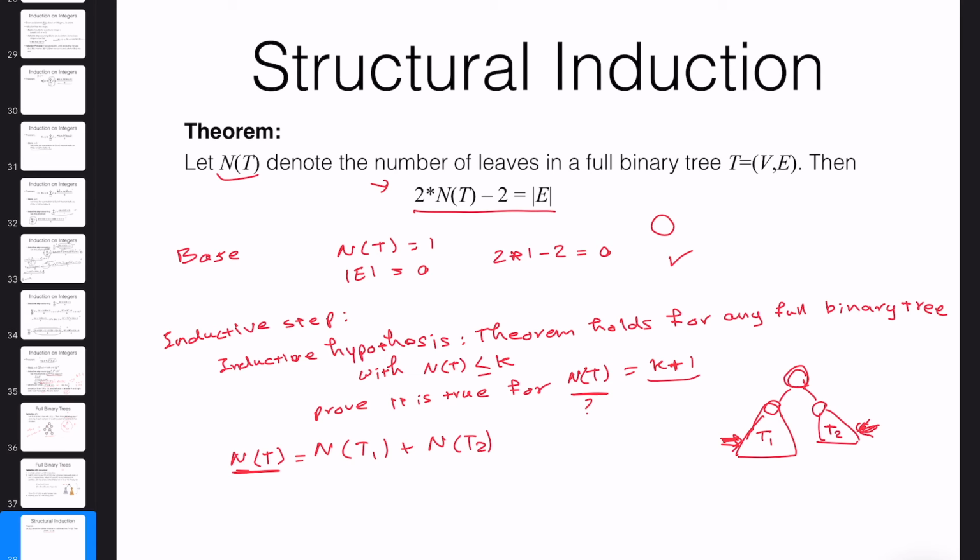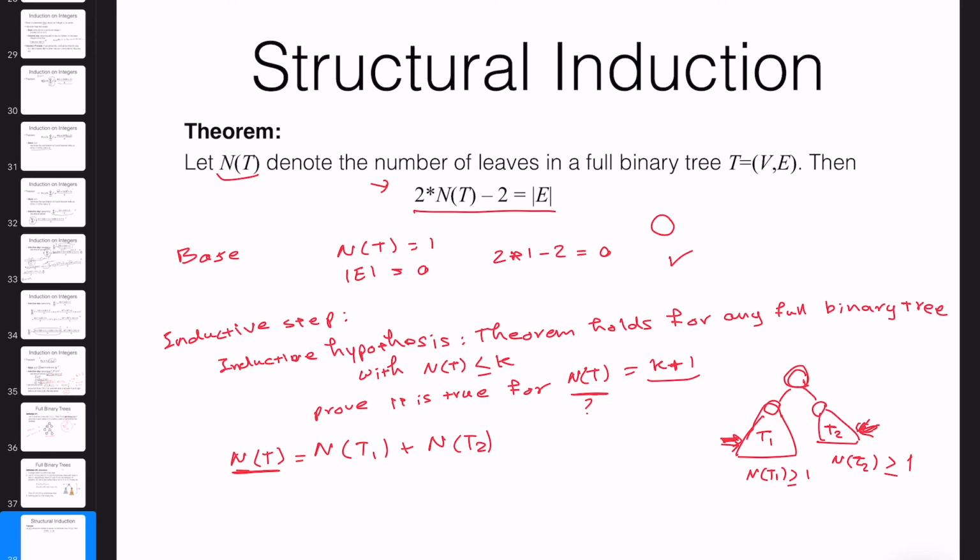Definitely the number of leaf nodes in T1 and T2 are both going to be greater than or equal to 1. If the number of leaf nodes is 0, it means that the whole tree is empty, so it's not going to be valid.